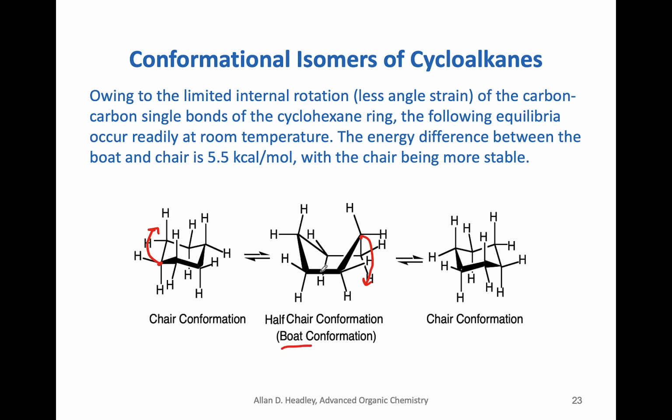As you can see, here's the boat, and it flips back down to the chair. The chair is the most stable conformer, but at room temperature, because the energy of activation for this to happen is pretty low, there's enough energy for these ring flips, as we call them, to go from the chair to the boat to the chair. Of course, the equilibrium favors the chair conformer.